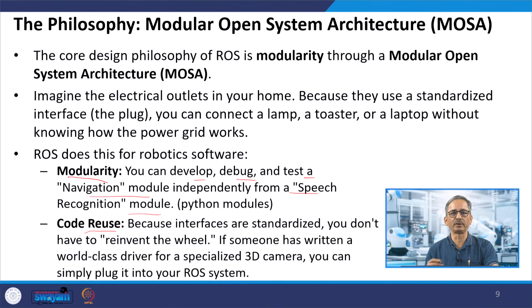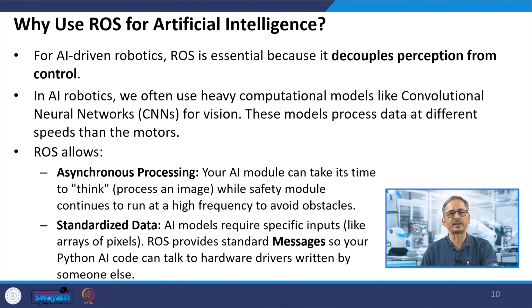For example, if someone has written a world class driver for a specialized 3D camera, you can simply plug it into your ROS system. Why is ROS used for AI? For an AI driven robot, ROS is essential because it decouples perception from control. That is one of its biggest advantages.